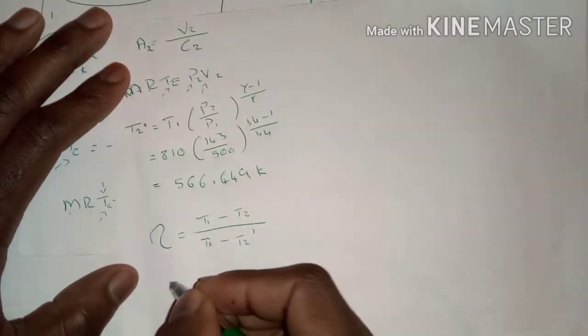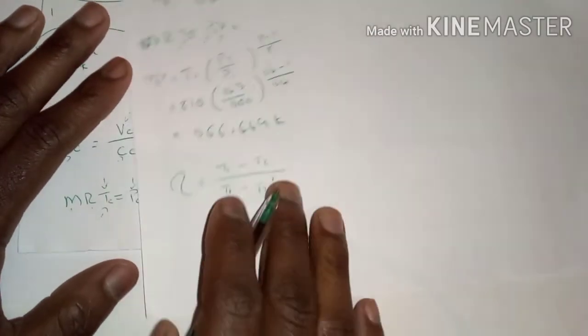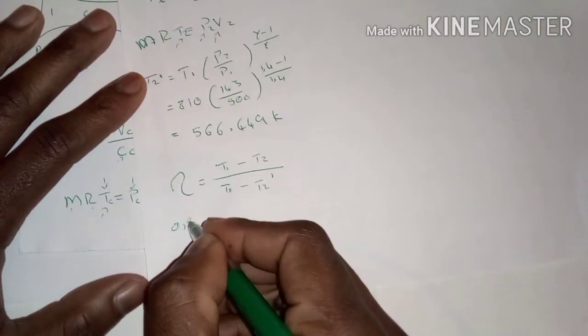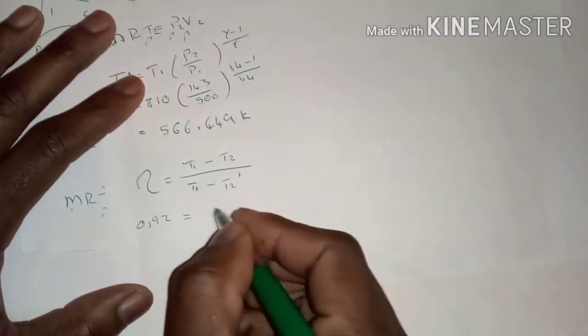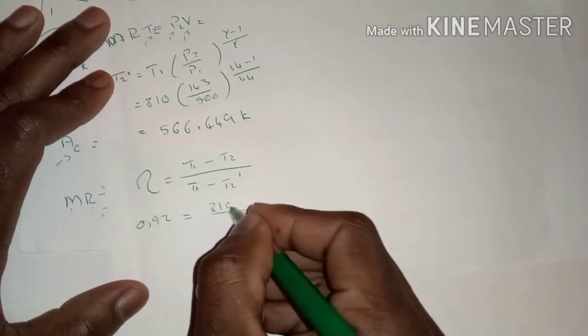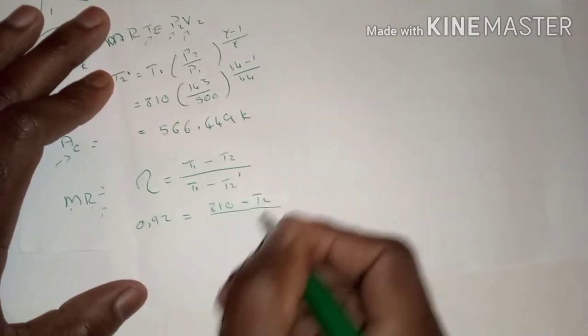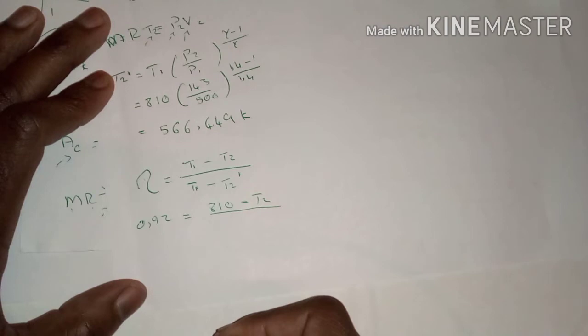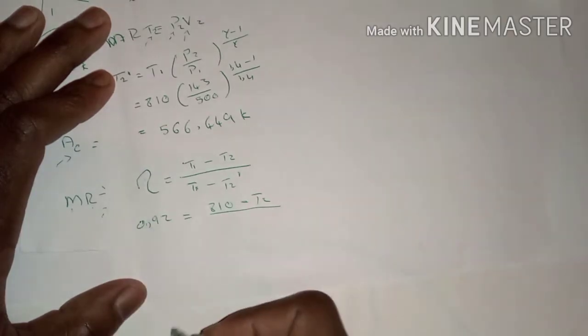That's the formula to calculate for the adiabatic efficiency. We are given the adiabatic efficiency as 0.92. T1 is given by 810 minus, this is what we are looking for, the temperature at the outlet when we're taking into consideration the efficiency.